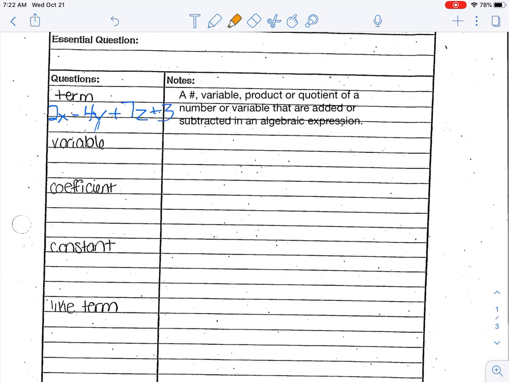So a term can be a number. 3 is a 3, not a variable. 3 is a term because it can be a term as a number. It could be a variable, we don't have a single variable here, but it could be the product of a variable and a number, because 2x is a multiplication problem, 4y is one of those, and 7z is also another term.